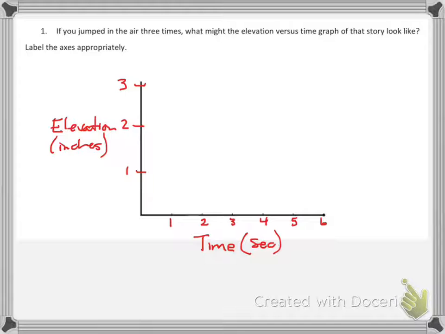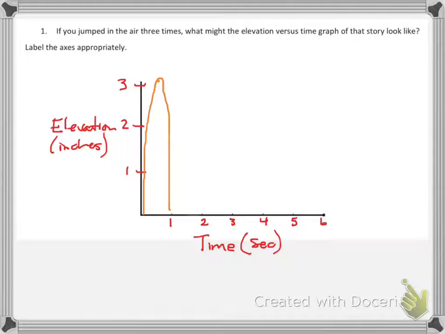So I'm going to complete my graph by saying it's going to take me 1 second to jump to 3 inches in elevation and then land back on the ground. And then for 1 second, I'm going to be on the ground before I jump again. So if that's the case, about halfway through my jump, I'll be at my 3-inch mark. So my jump's going to look something like this.